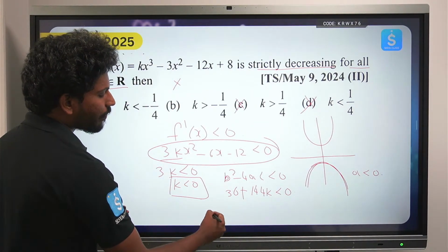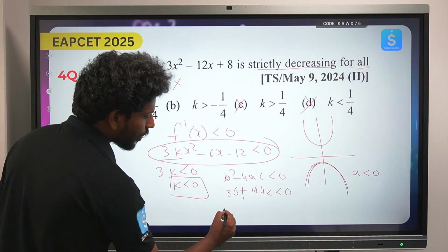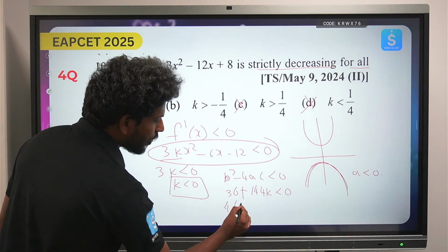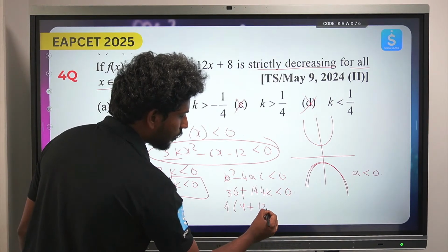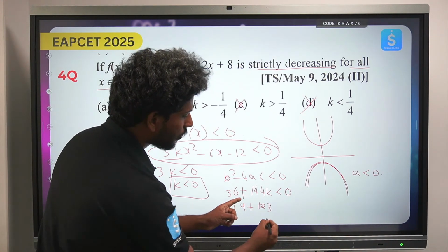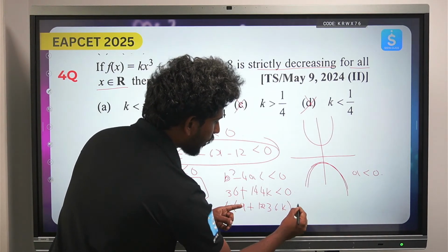So if you try to take 4 common, or in fact take 9 common, but let's take 4: 9 plus, this will become 4 3s are 12 and 4 6s are 24, less than 0.